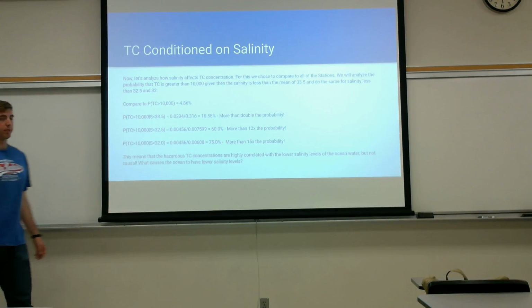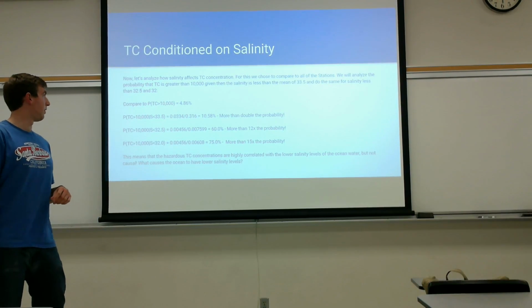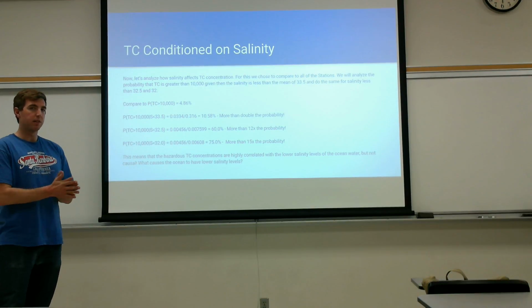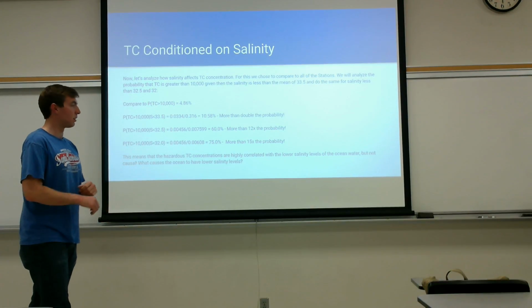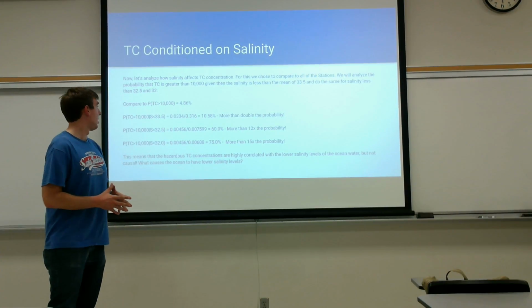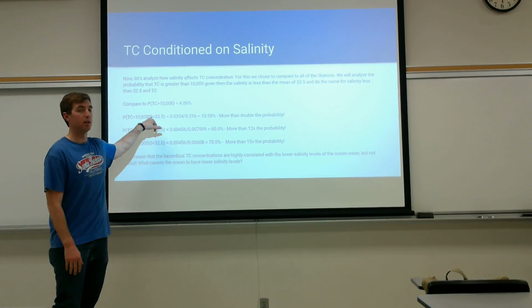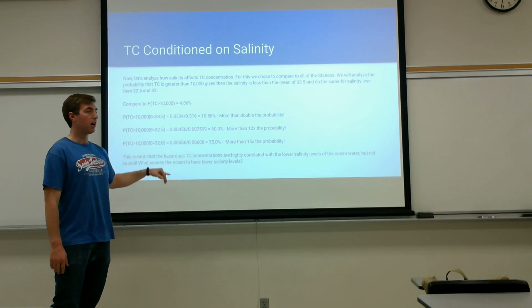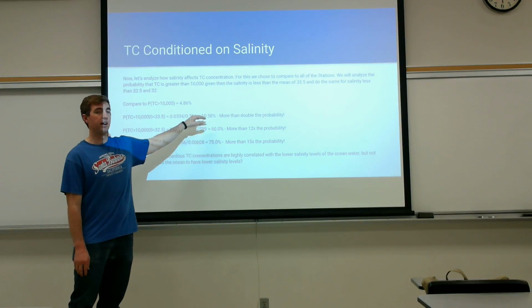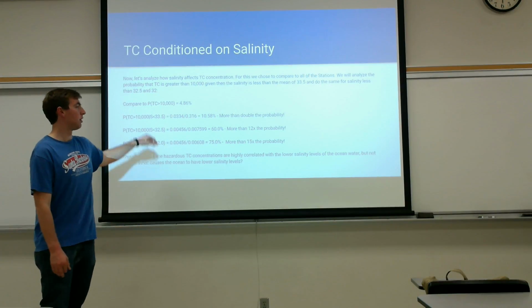Now let's talk a little bit about the salinity and the TC and how they're related. If we just took a look at the probability of the TC greater than 10,000, it's roughly about 5%. But as you condition it off the salinity, for example the mean salinity, anything less than that is around 10-11%, which is about double what it normally is.